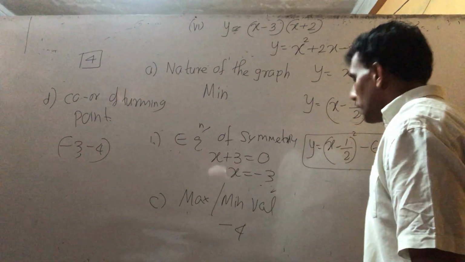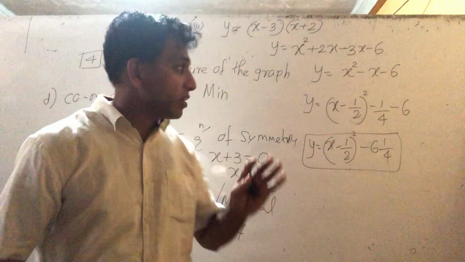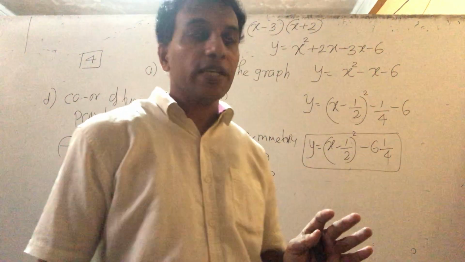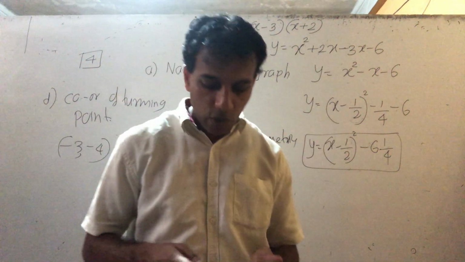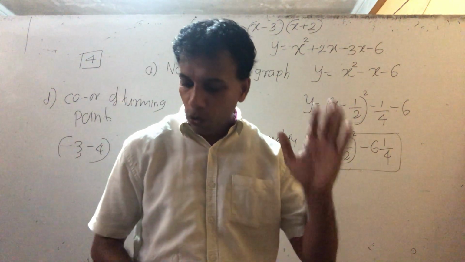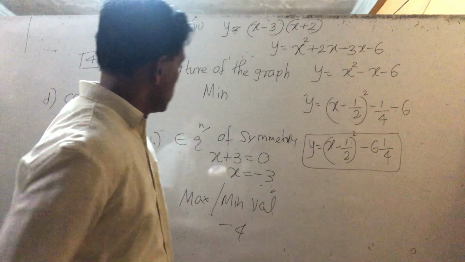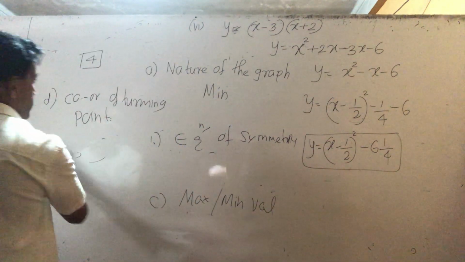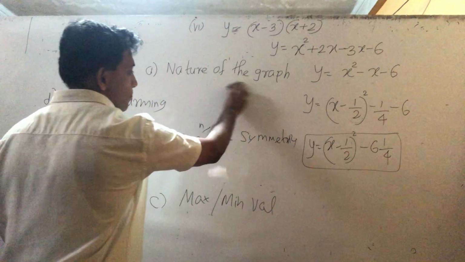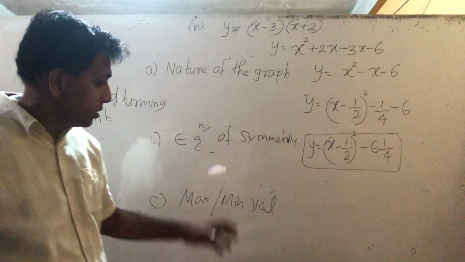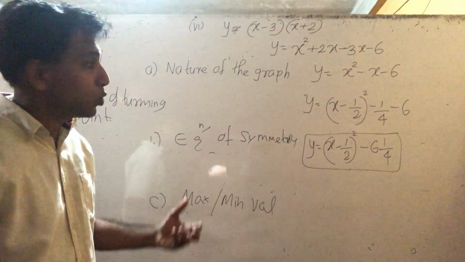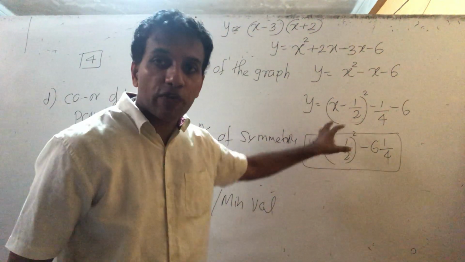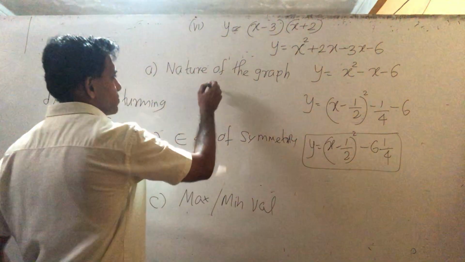This is very important, I explained fully. Work here, refer to this, keep in touch, then you can simply answer. There is no more problem than this. Then answer quickly all these parts: four properties, nature of the graph, symmetrical, maximum or minimum and so on. What is the nature? In front of x squared is positive, so minimum, right?